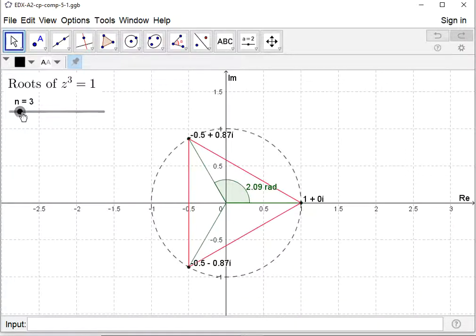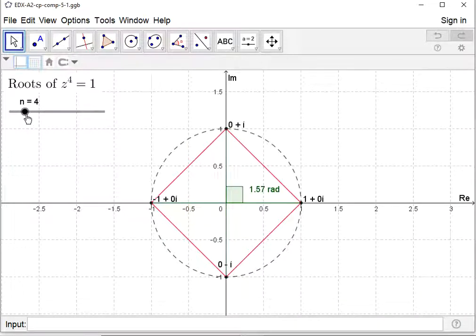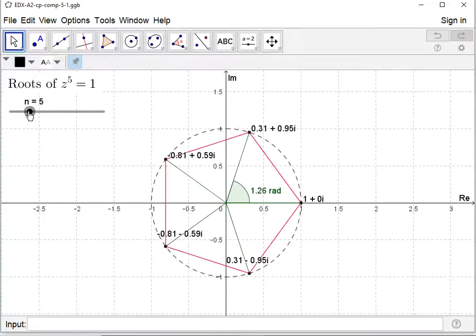If we now look at n equals 4, z to the 4 equals 1, we're back to an even power of z, so we've got z is 1, z is minus 1 as you would expect, and the other two answers are forming this regular quadrilateral, this square. And if we go to n equals 5, we form a regular pentagon.